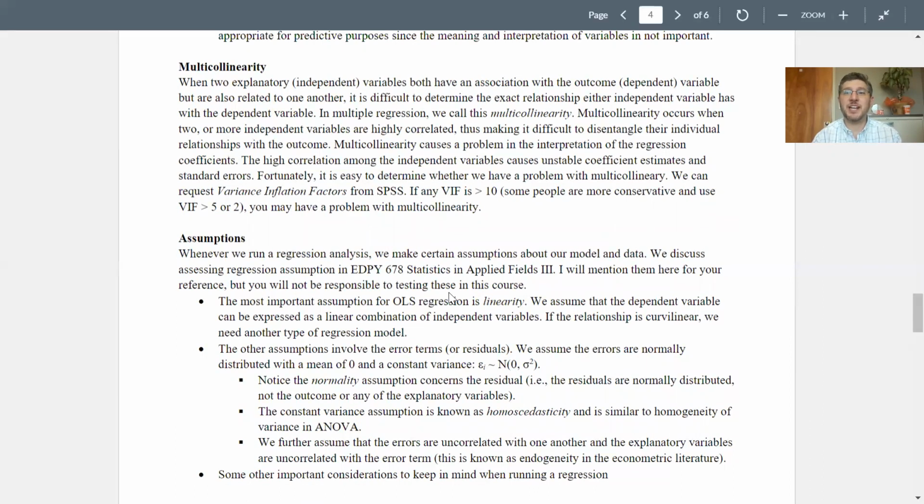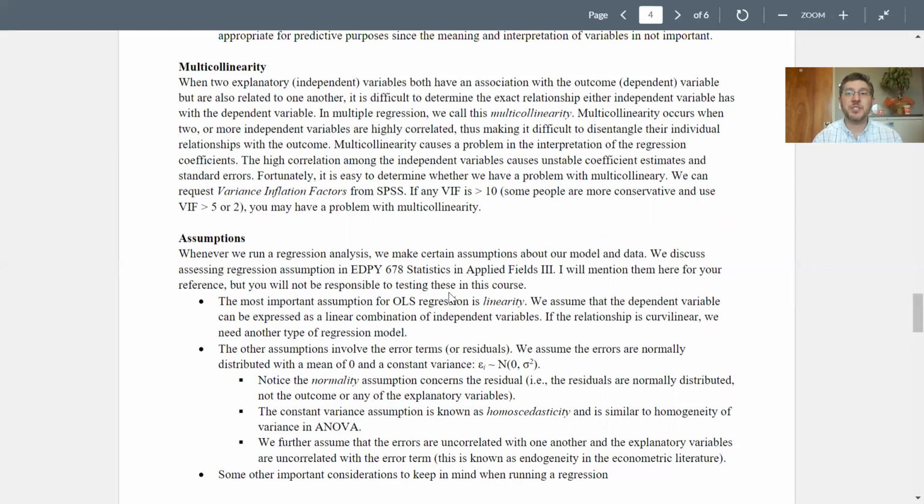Basically, multicollinearity refers to how interrelated the independent variables are among each other. We want our independent variables to be highly correlated with our dependent variable, right? Because they're explaining variation in our dependent variable. But we don't want our independent variables to be too highly correlated among themselves.